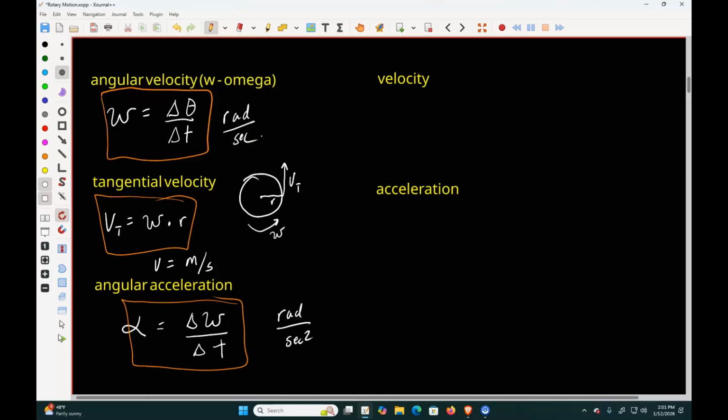We think of velocity as a change in arc over time. Okay, so we're going to say then that velocity is equal to 2 pi r over t, measured in meters per second.